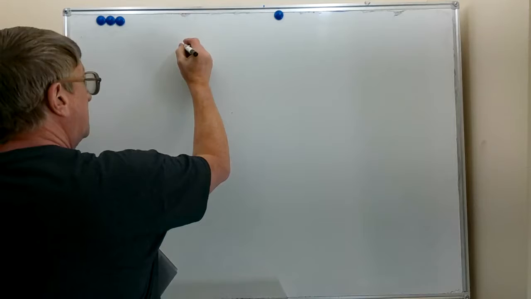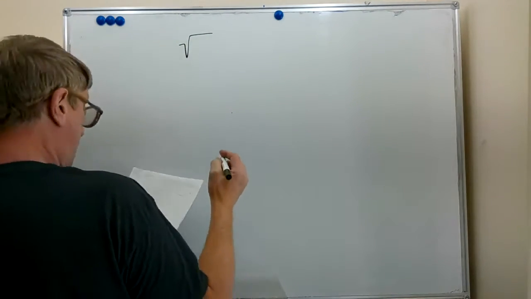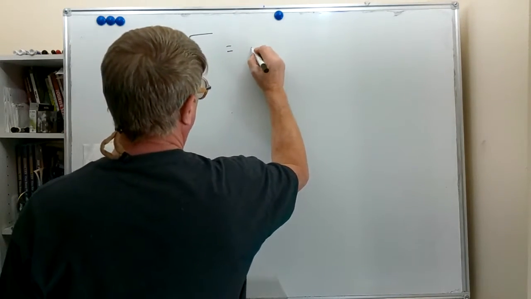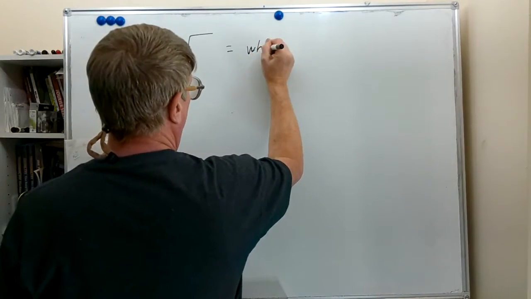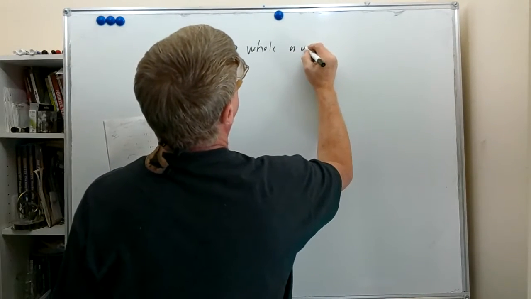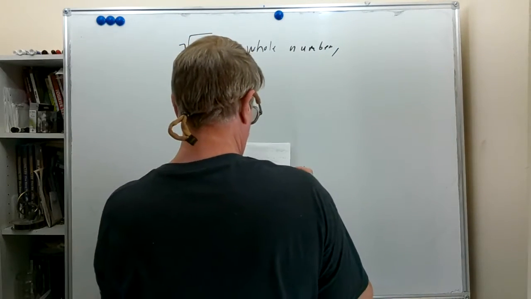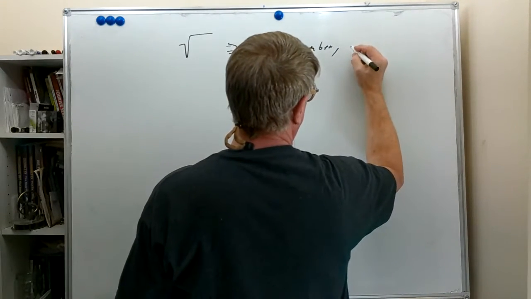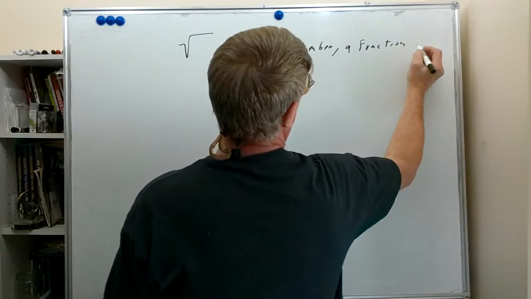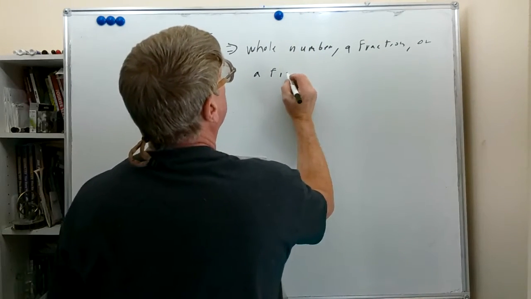When we use this radical sign to indicate square root, if the square root of any number is equal to a whole number, a fraction, or a finite decimal, which means it comes to an end.